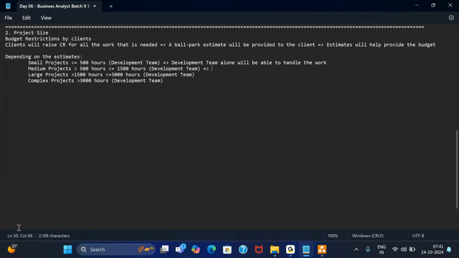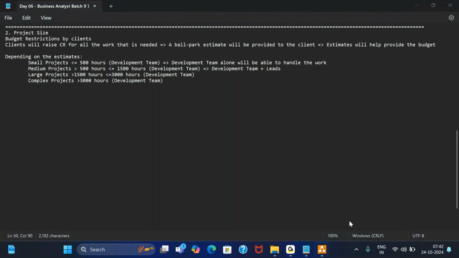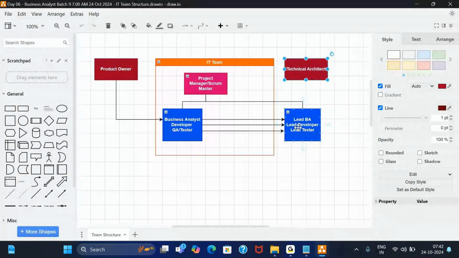Okay, so here the development team might not involve an architect, but they will work with their respective leads. So as a BA, if I want to check the technical feasibility of my requirement, whether it can be implemented or not, then rather than reaching out to the architect, I will be reaching out to the technical lead, or the development lead.